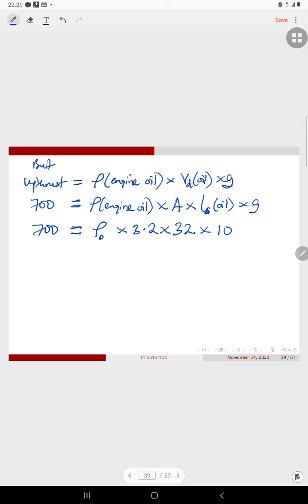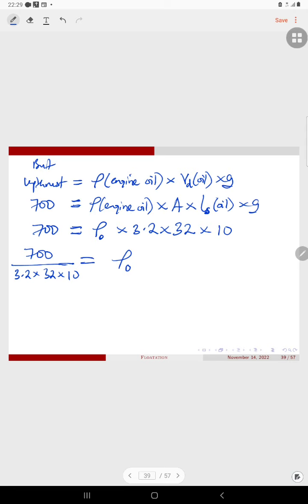Are we not done? So eventually, when we want to find the density of the oil, don't get confused with these ones I have written. You can omit them. I'm just using rho O for the density of oil so that it will make my working simple. You can repeat it throughout. So this is 700 over 3.2 times 32 times 10.